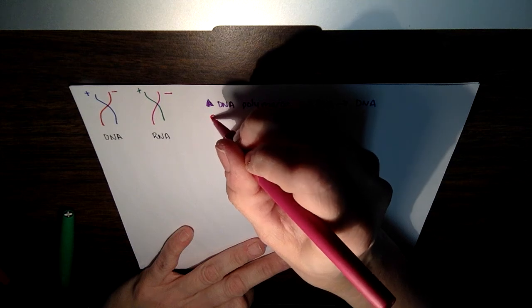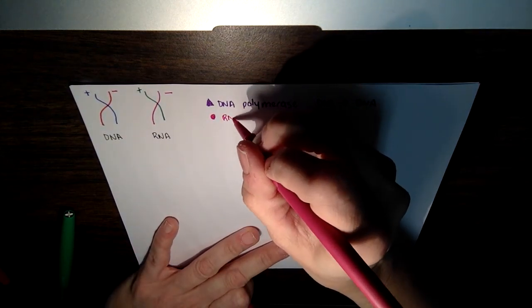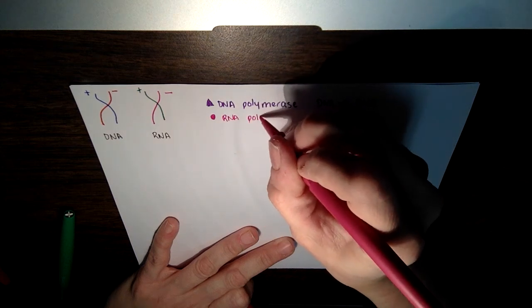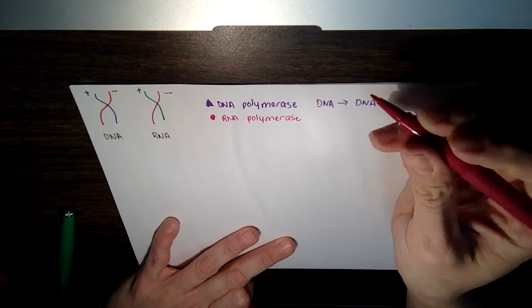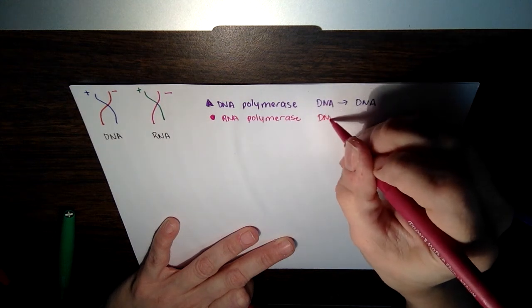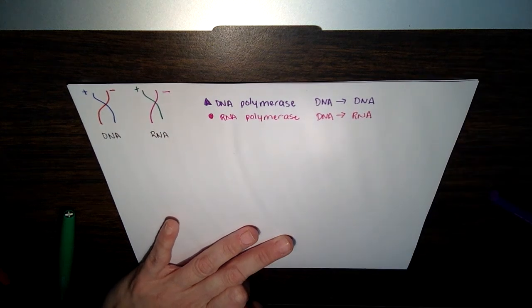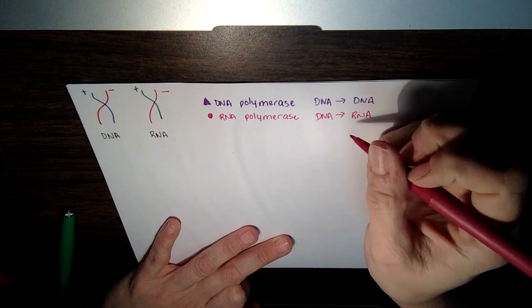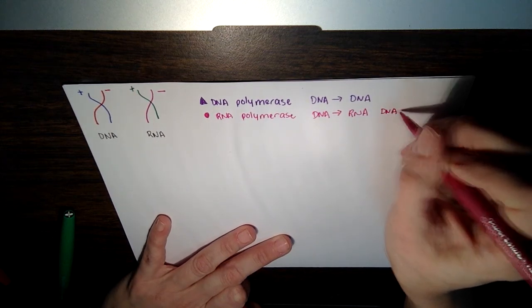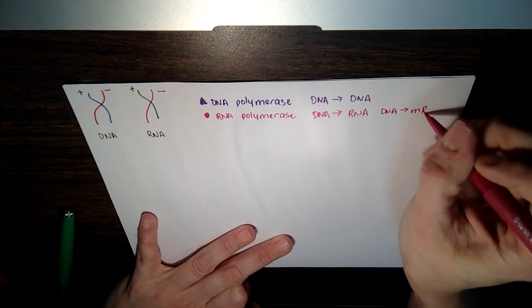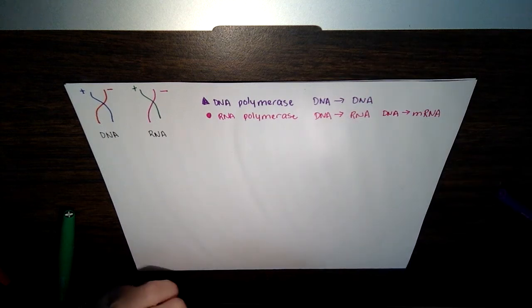We're going to do a pink circle, and that is going to be RNA polymerase. And when we want to go from DNA to RNA, that is the enzyme we use. And this process specifically is taking DNA making mRNA, okay? That's the process that RNA polymerase does.